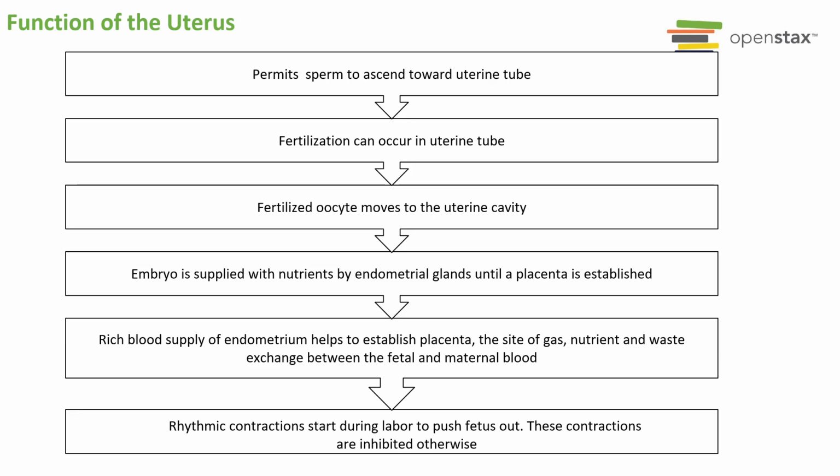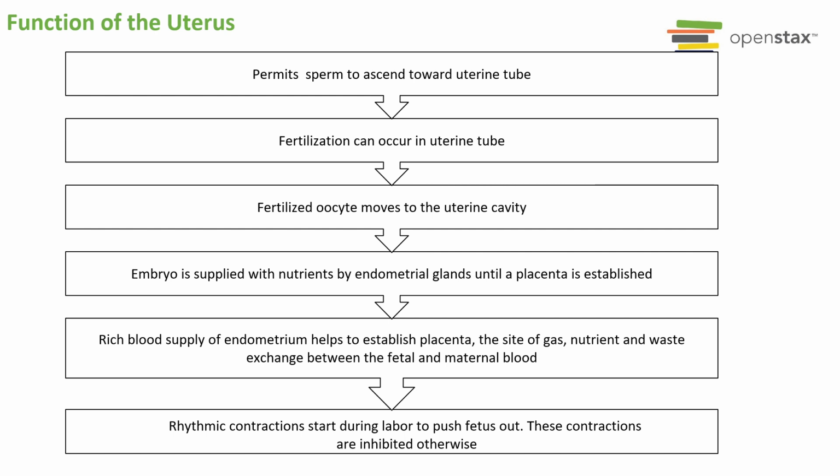Fertilization occurs in the uterine tube, and a fertilized oocyte will move to the uterine cavity and eventually the growing embryo will receive all of the nutrients and blood supply via the placenta.